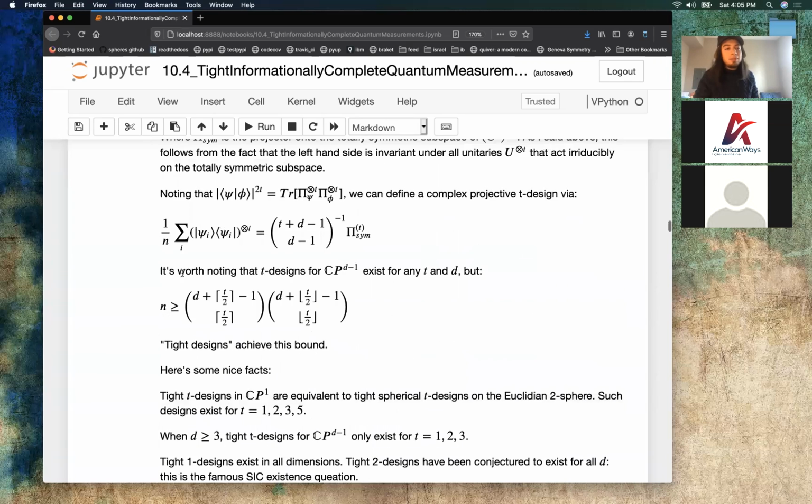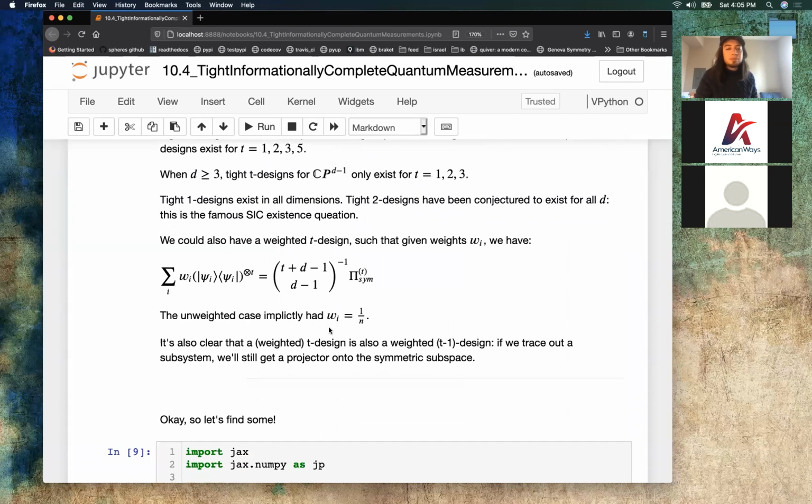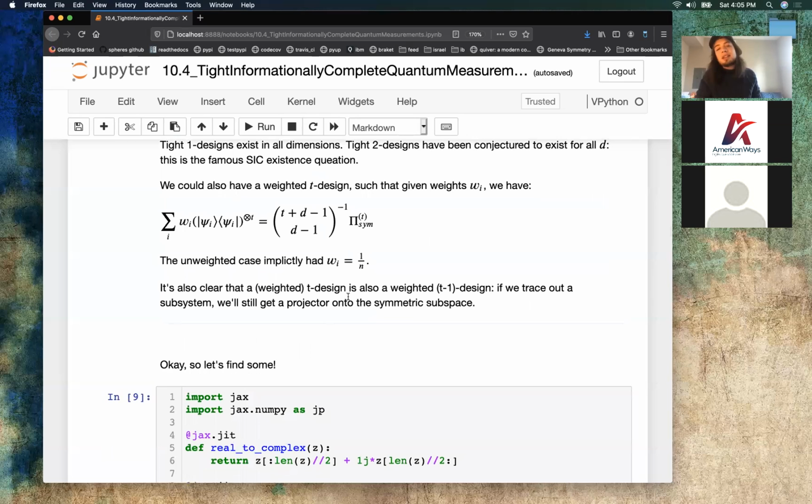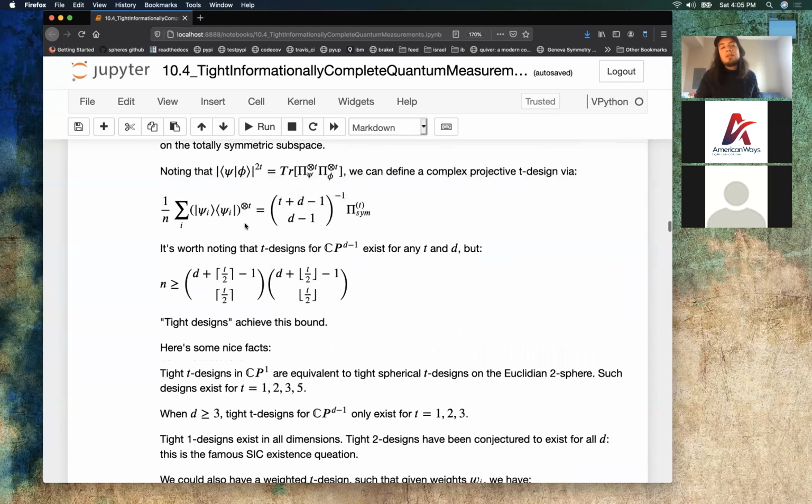Up here we implicitly had a weight of 1/n on each of these, but you can have different things. And it's worth noting that a weighted T design, or an unweighted T design too, is also a T-1 design. You can see this from the fact that if we were to trace over one of these tensor pieces, we'd still get a projector onto the symmetric subspace.